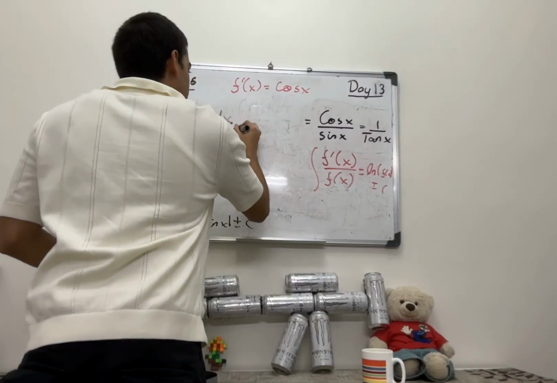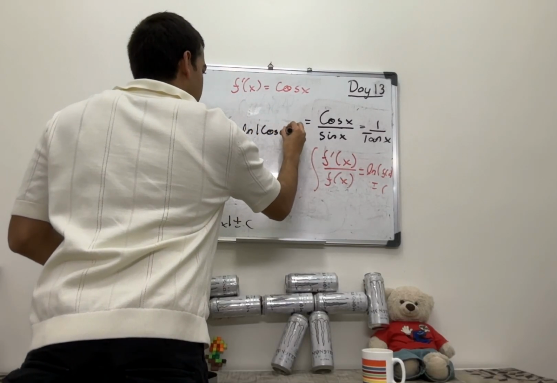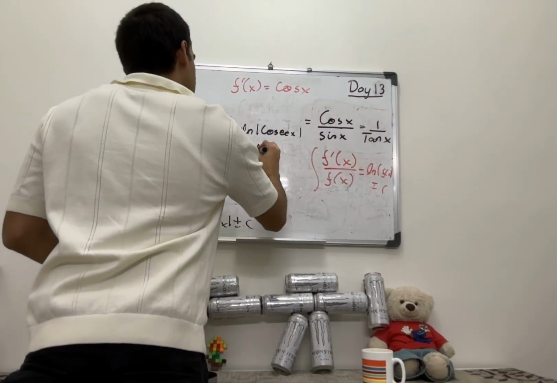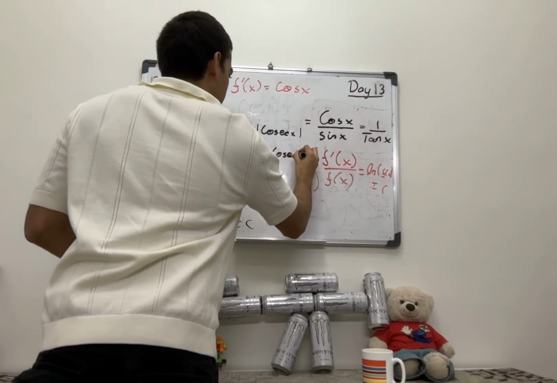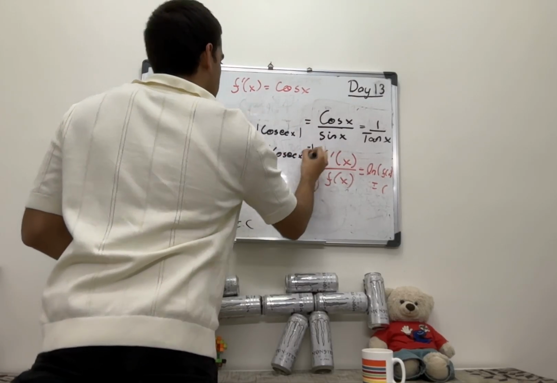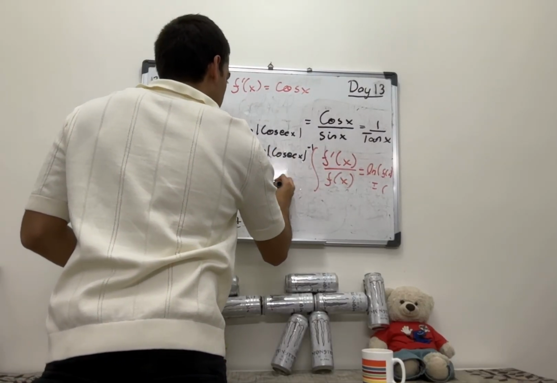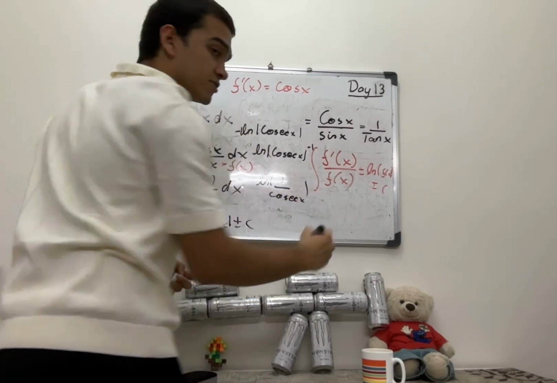If you take minus of ln cosec x and apply log properties, you take this minus 1 to the power of this. So you get ln of cosec x the whole raised to minus 1, which just becomes ln of 1 by cosec x, and cosec x is just 1 by sin x.